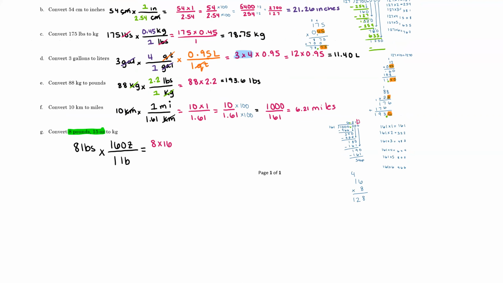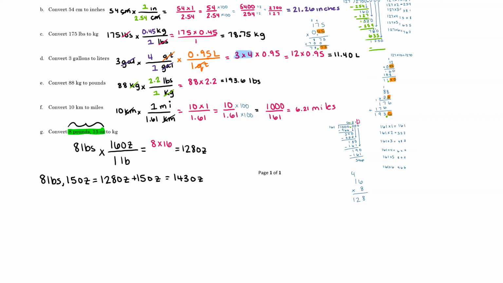So 8 pounds is 128 ounces. Now, we have a total of 8 pounds and 15 ounces, so that's 128 ounces plus 15 ounces. 128, 138, 143. So we're starting with 143 ounces.